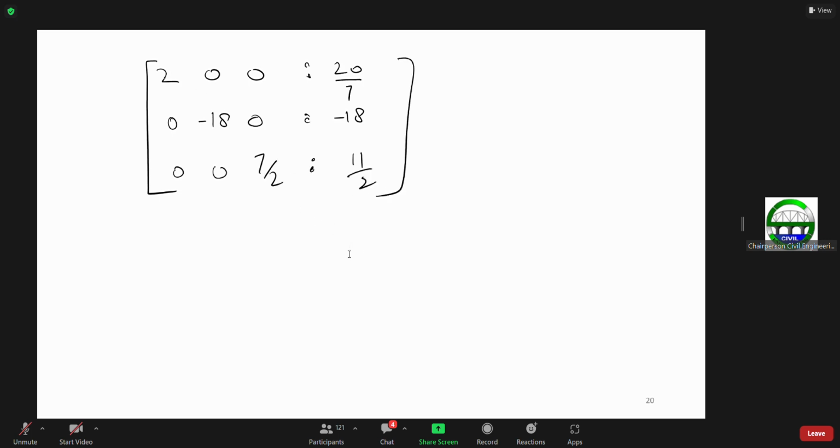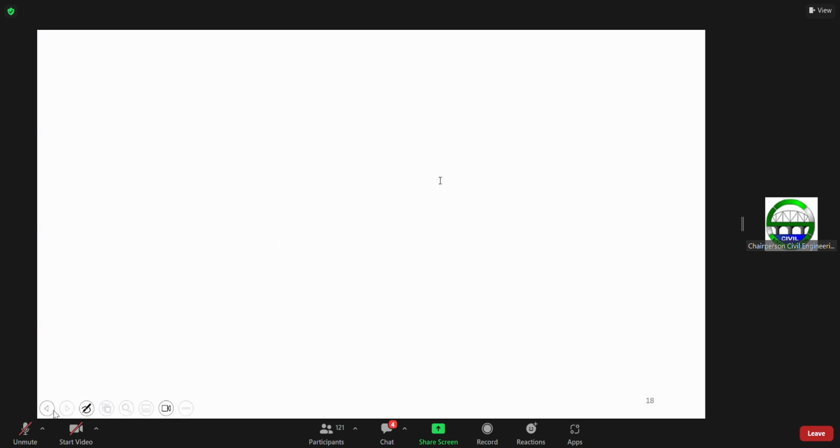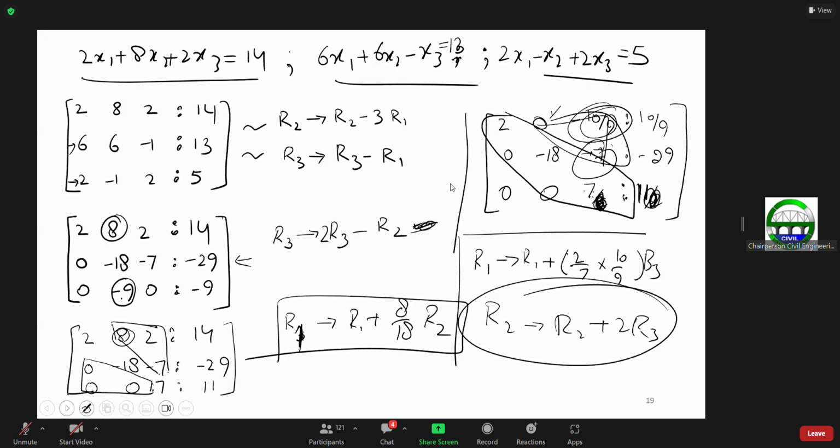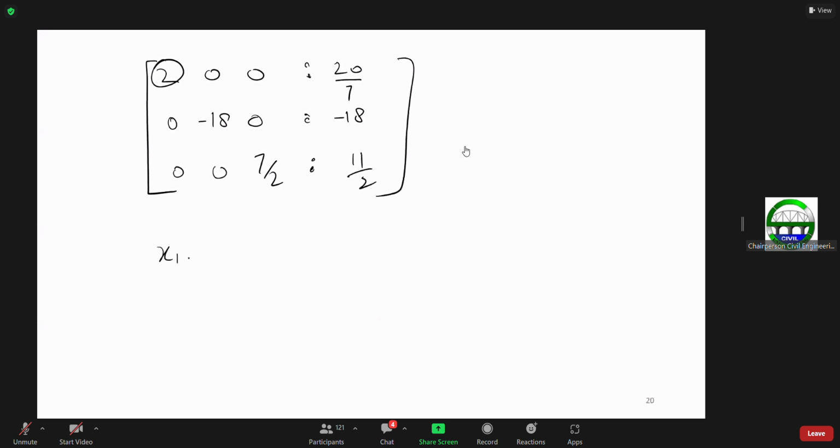So now x1 is equal to 20 by 7, minus 18 x2 is equal to minus 18, and 7 by 2 x3 is equal to 11 by 2.